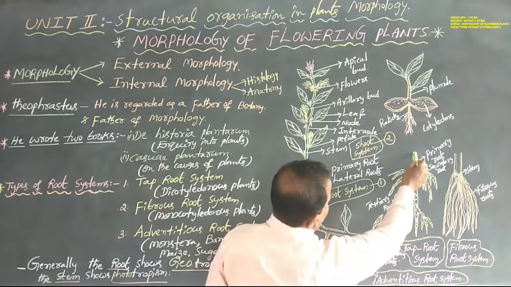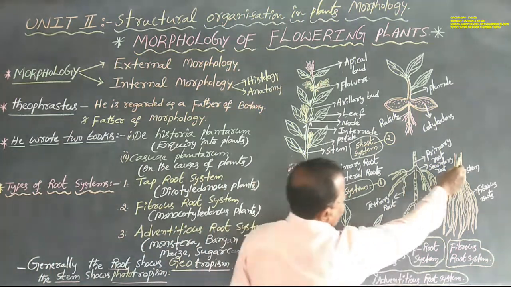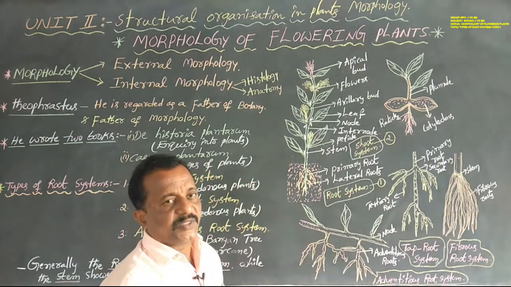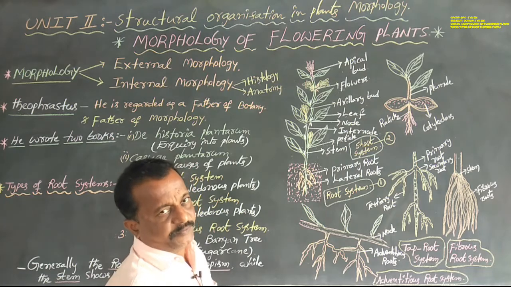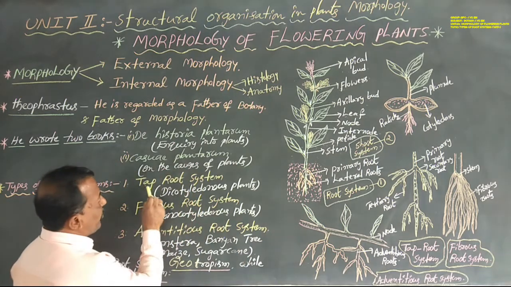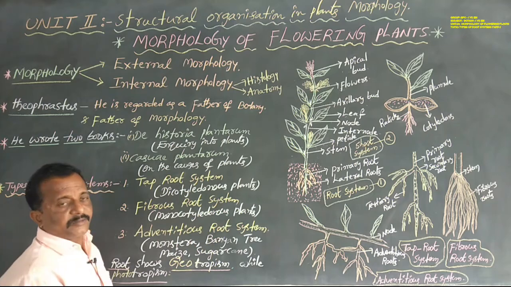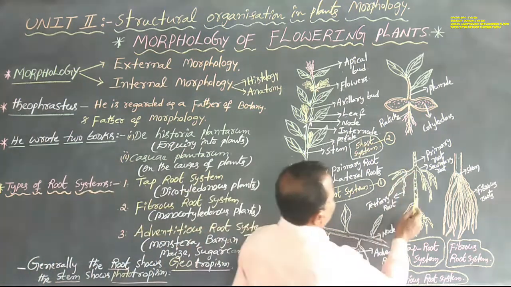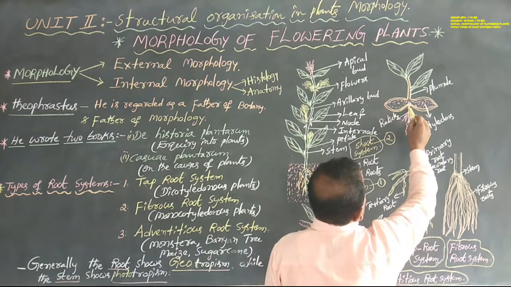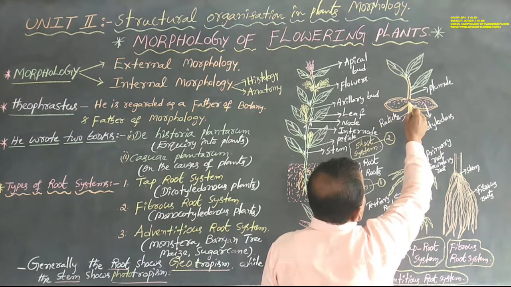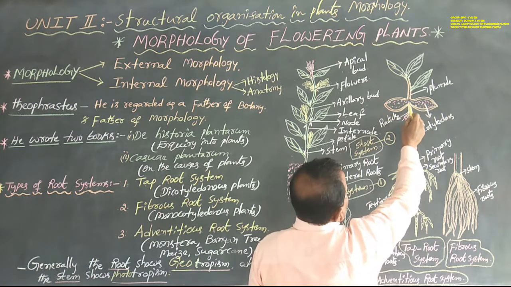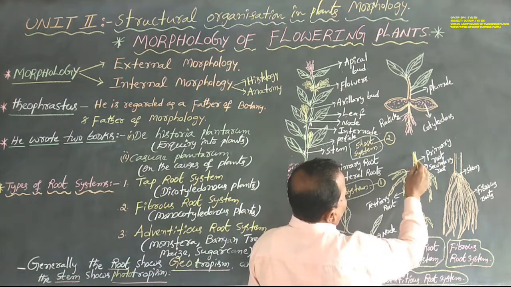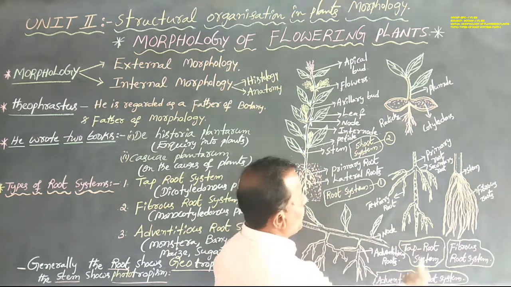So dear students, this is a tap root system. This is a fibrous root system. This is an adventitious root system. So dear students, in the majority of dicotyledons, the direct elongation of the radicle leads to the formation of primary root, which grows into the soil.